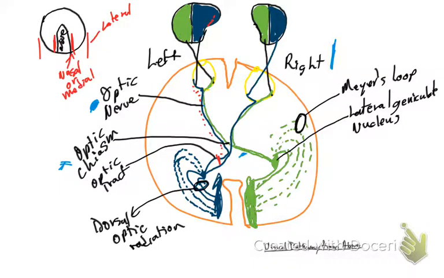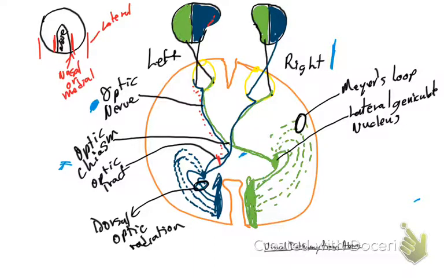The right optic tract. So a lesion there can cause this left homonymous hemianopia, or in the optic radiation, which is going to be this one here. Okay, so a lesion over there can cause this left homonymous hemianopia.